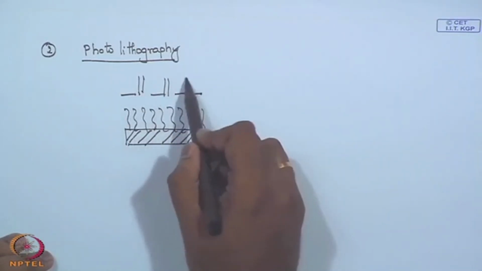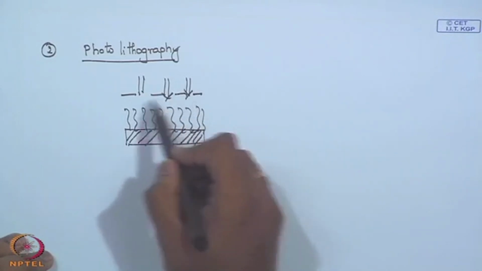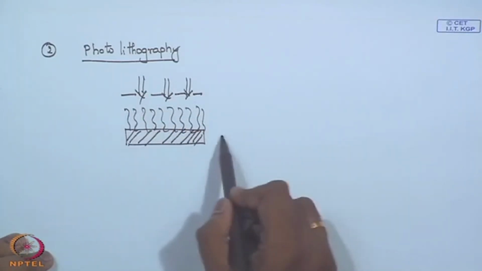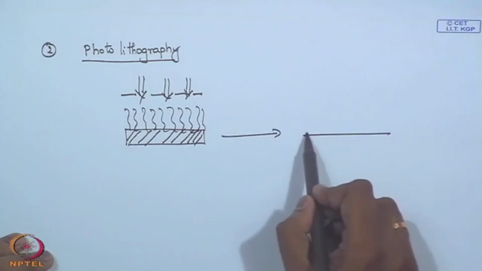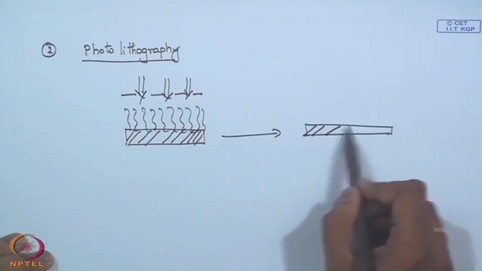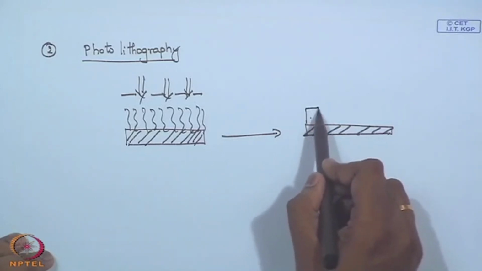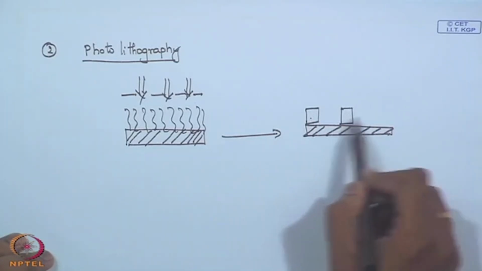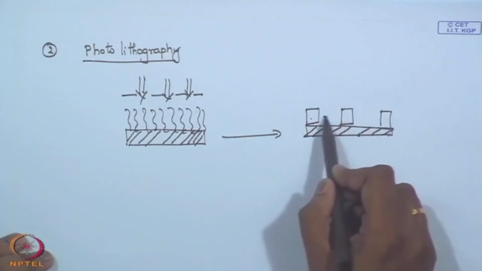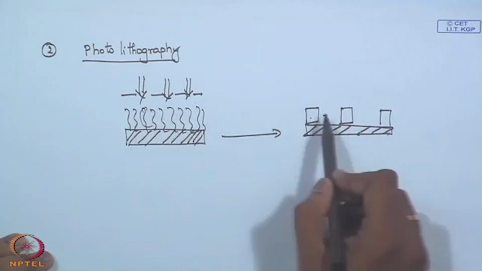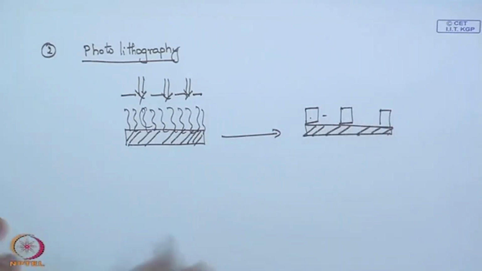Wherever the light goes, that area will be removed, so you will have gaps. You can have it like this. Wherever the light goes, this will go off, and you can create a stamping. That's the process that you have studied as a photoresist.